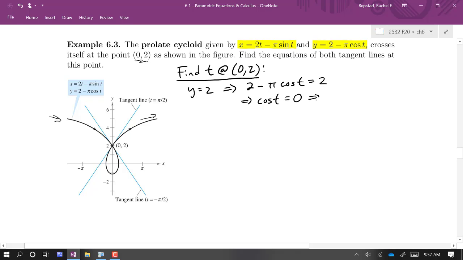And cosine of t is 0 at the top and the bottom of the circle. So that's at t equals positive pi over 2 and minus pi over 2. And you can see that they've actually already given us those values, but we could find them on our own.